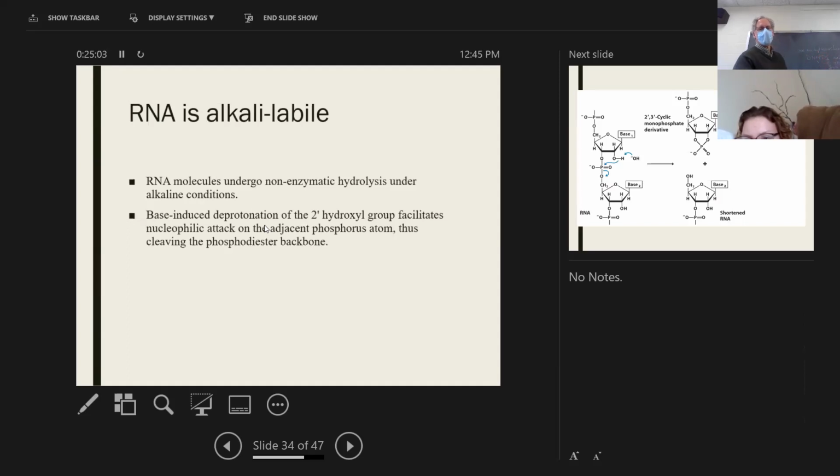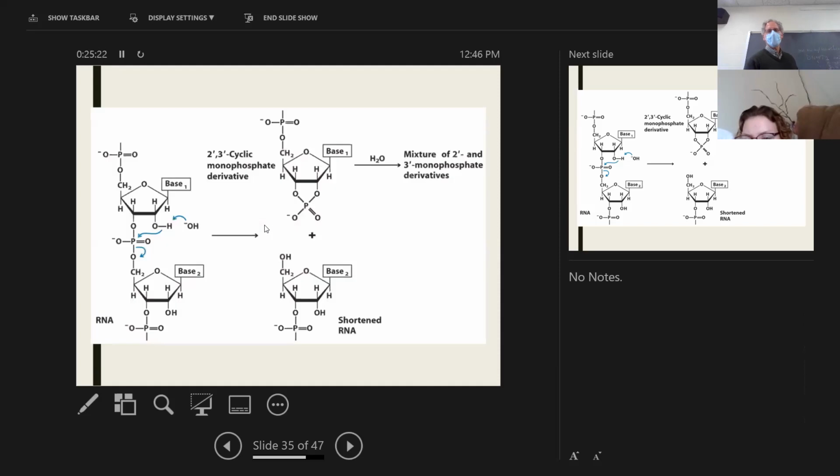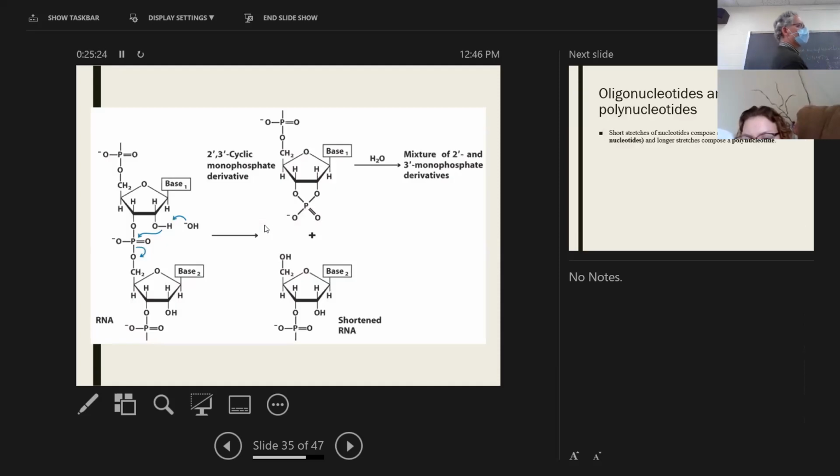If you deprotonate it, then that 2' hydroxyl group becomes a very serious nucleophile, and it will attack the adjacent phosphate, which cleaves the phosphodiester bond. Your book very nicely illustrates how this happens.